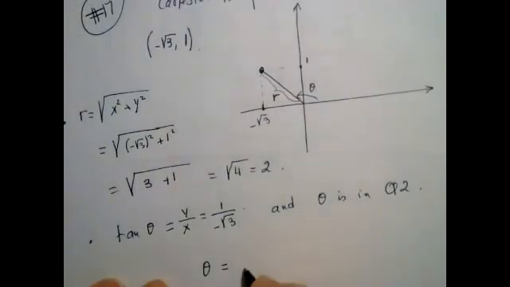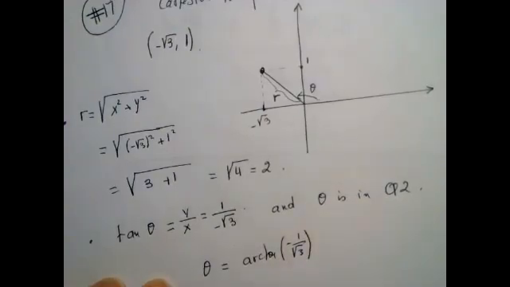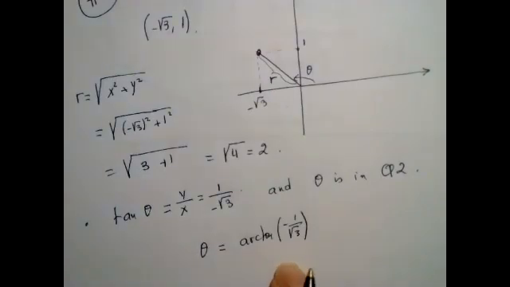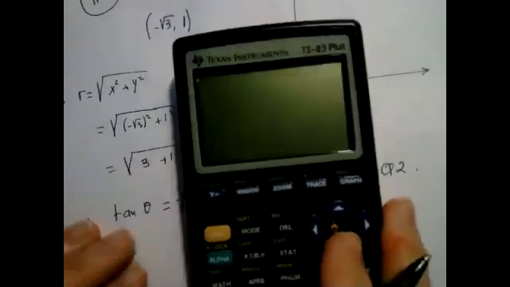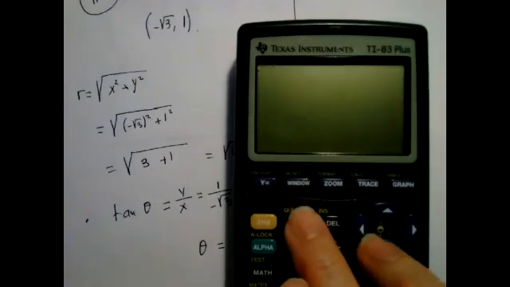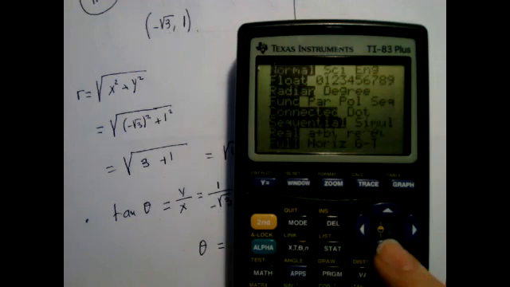Now, if I take arctangent of -1 over square root of 3 and plug that into a calculator, that's not the answer yet. This is my calculator, and I told you the mode is degree, so I'm going to check my mode here. It's in radian, because very soon I'm going to switch to radian.